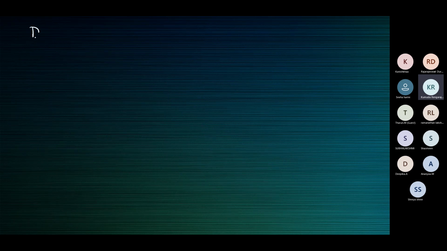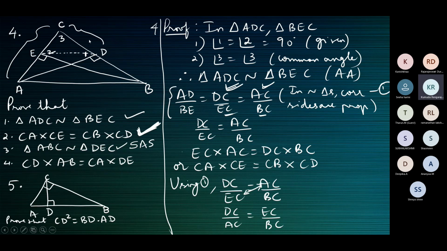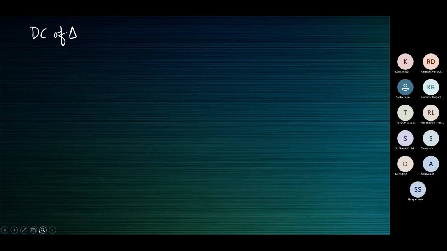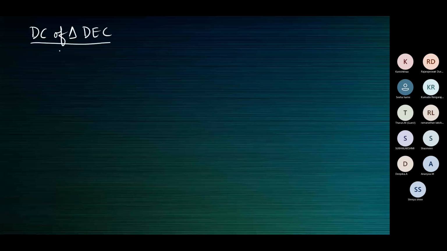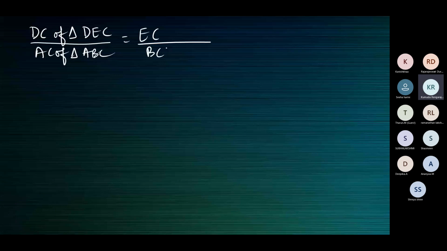I can write it like this for you: DC of triangle DEC by AC of triangle ABC is equal to EC by BC. And I think I named the vertical angle 3. So angle 3 is equal to angle 3, common angle.